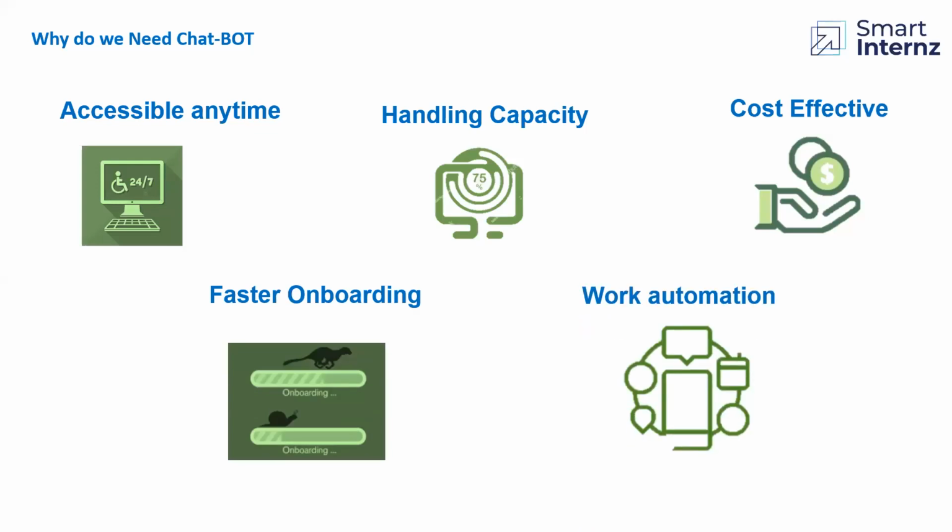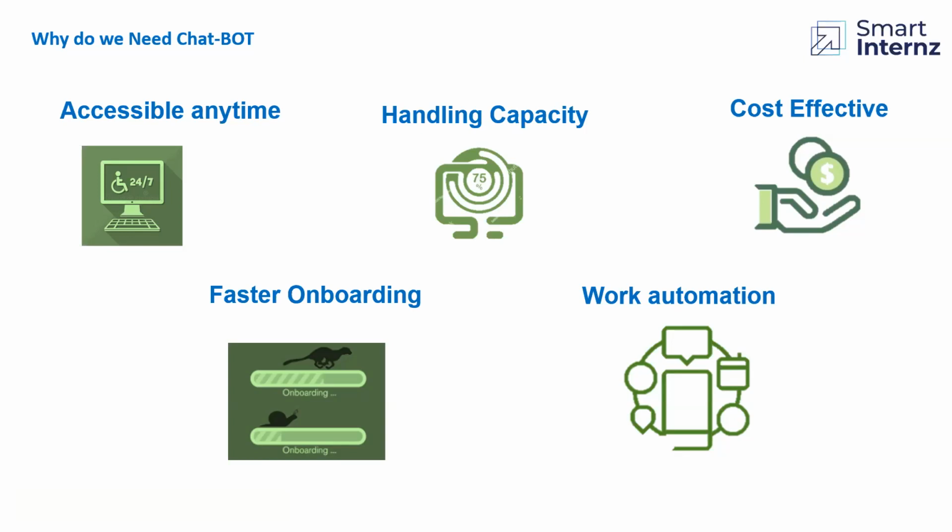Faster onboarding and work automation. It automates the process, which means that based on the queries that come, it learns from the experiences, and if any query is related to the previous experience, it will be able to give the correct answer. Sometimes if you ask your virtual assistant, suppose Alexa or any other, they also respond that way, like I'm learning now, I'm in the learning phase.